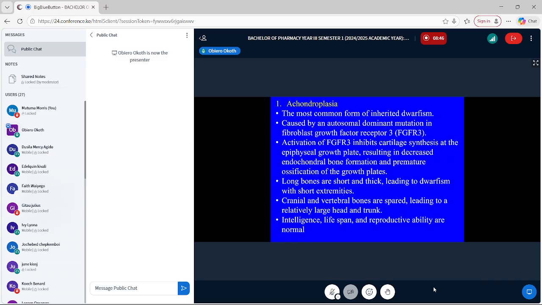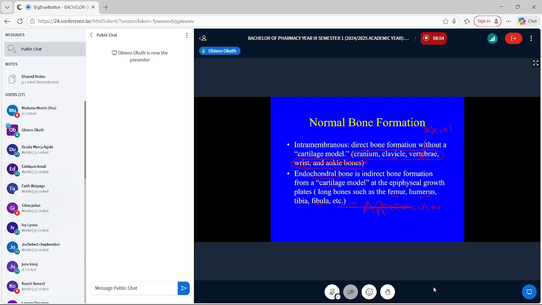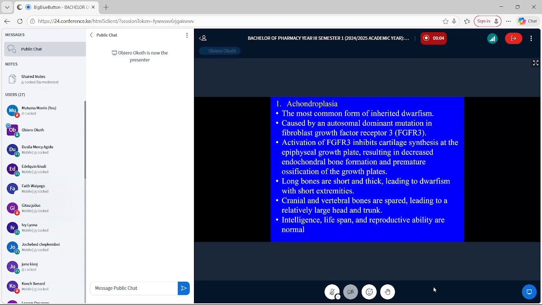So if this cartilage is not formed, the long bones cannot grow and the person becomes a dwarf, resulting in decreased endochondral bone formation and premature ossification of the growth plates. So the long bones are shorter. Femur is short, humerus is short, tibia is short, fibula is short. The long bones are short and thick, leading to dwarfism with short extremities.